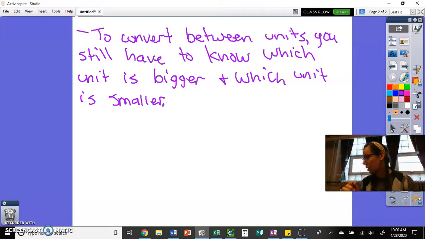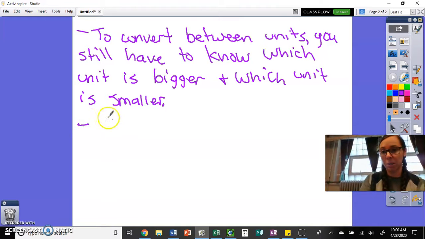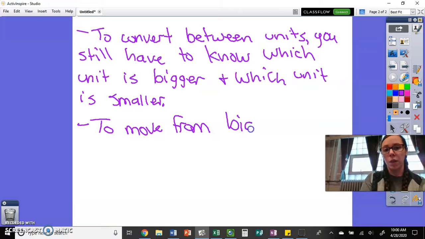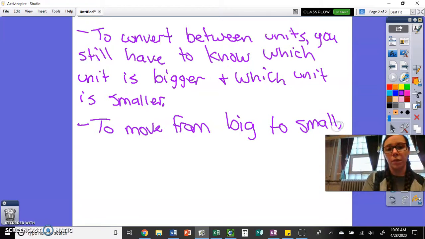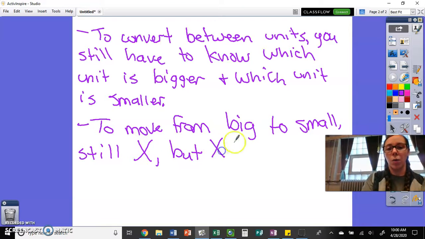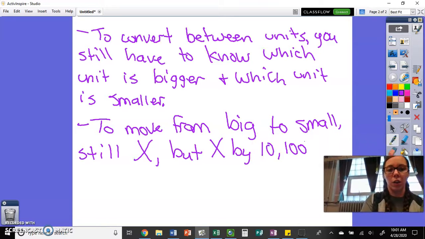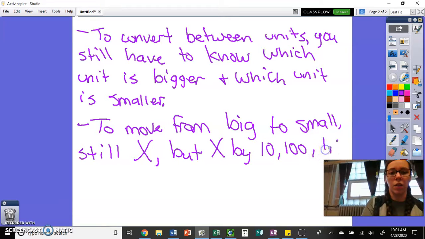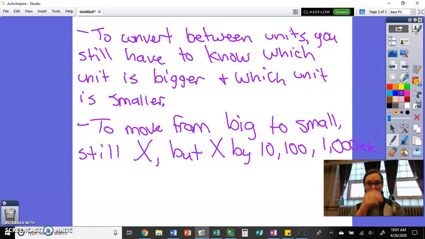Okay, so let's look at this with multiplication. To move from big to small, still multiply, but multiply by 10, 100, 1,000, depending on how many steps you're moving.